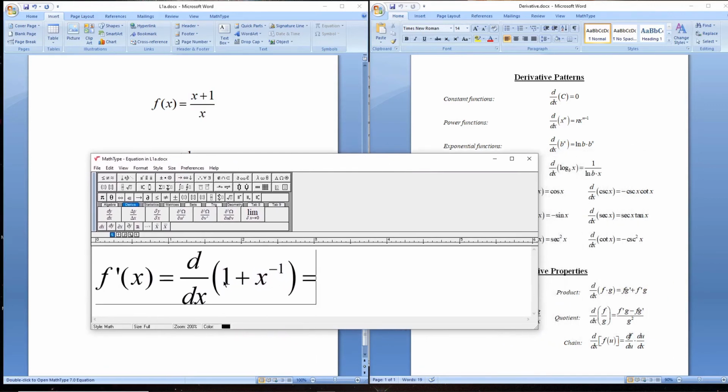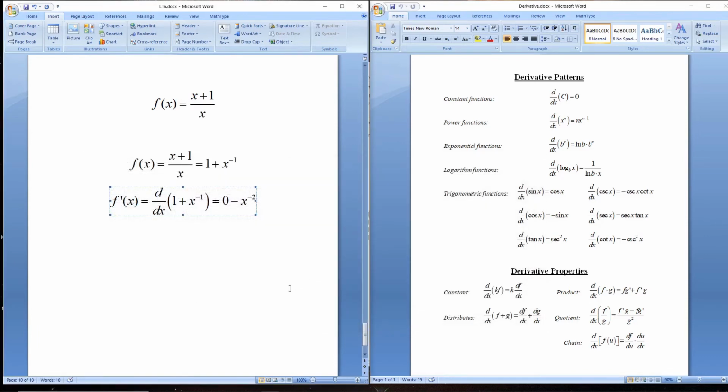The derivative of a constant is 0. And for the derivative of x to the minus 1, the minus 1 will drop down, and then we subtract 1 from the exponent. And that's our derivative.